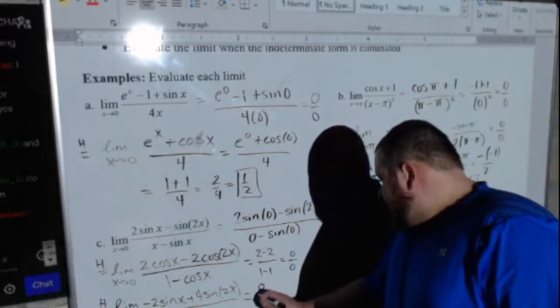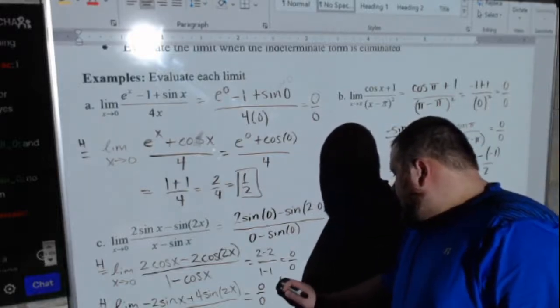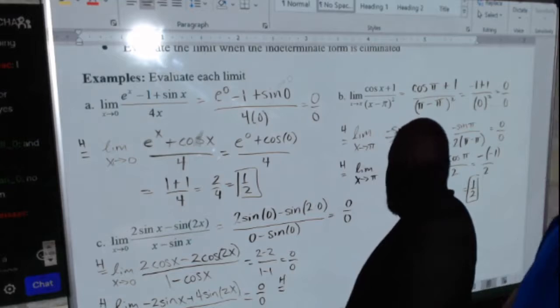So it looks like we've got to do one more L'Hopital rule.